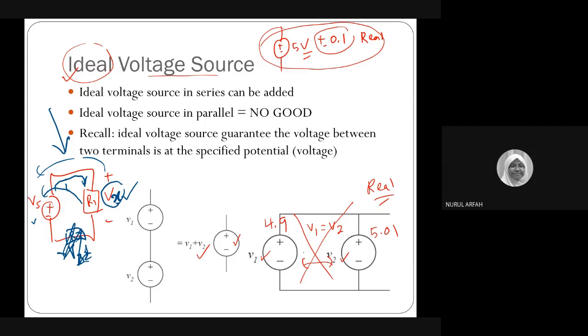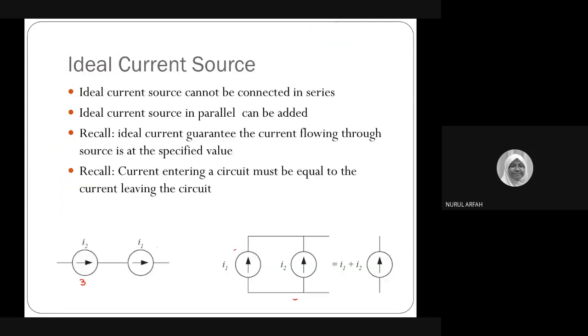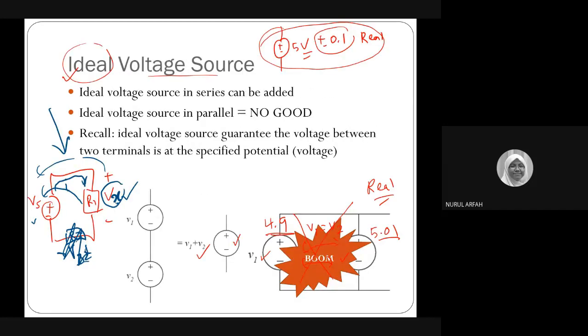They are supposed to be equal, but 5.01 is not equal to 4.9. So something bad will happen to your circuit. This is not a good way to configure your circuit, so this should be avoided. Please do not do this. You should not connect both voltage sources in parallel. Okay? So far so good.